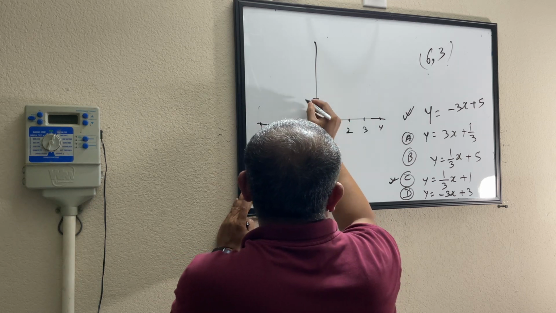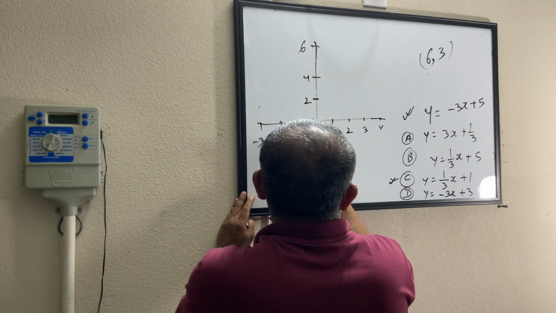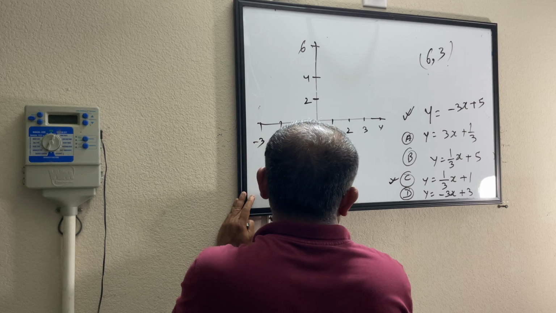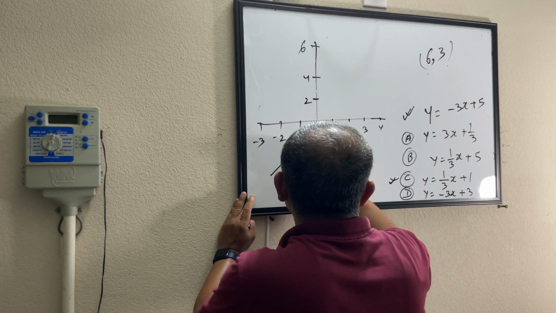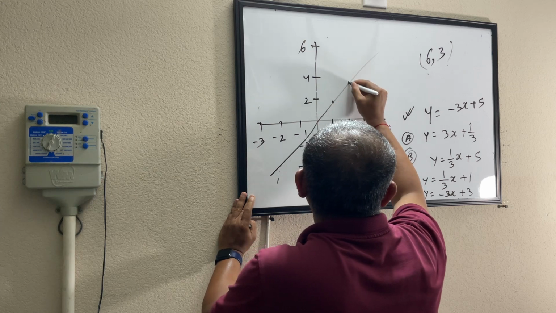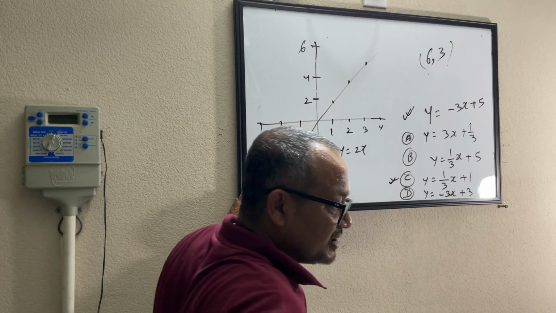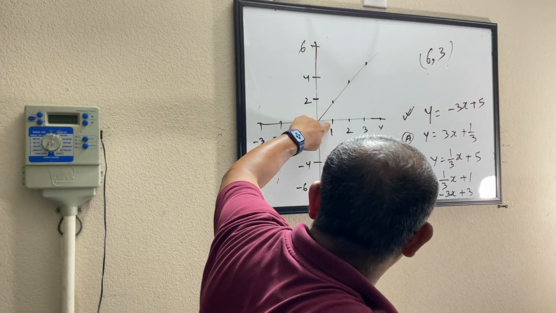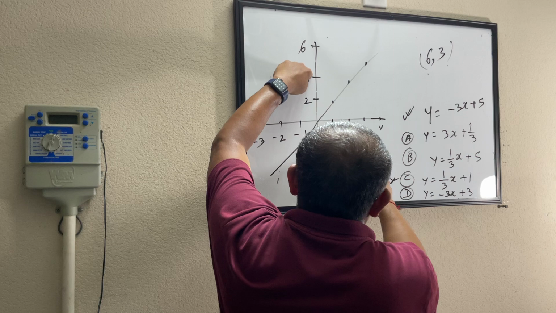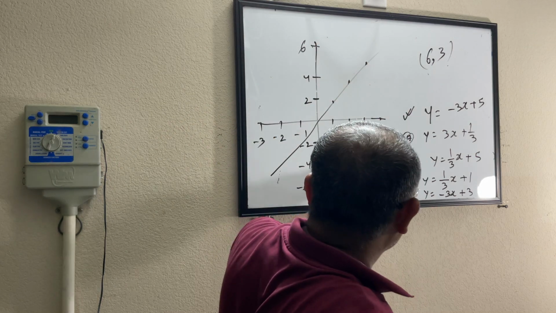I'll pick double the points here: 2, 4, 6, minus 2, minus 4, minus 6. This line is y equals 2x. When x is 1, y is 2. When x is 2, y is 4. When x is 3, y is 6.